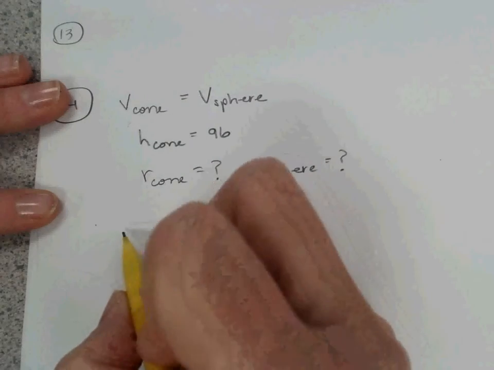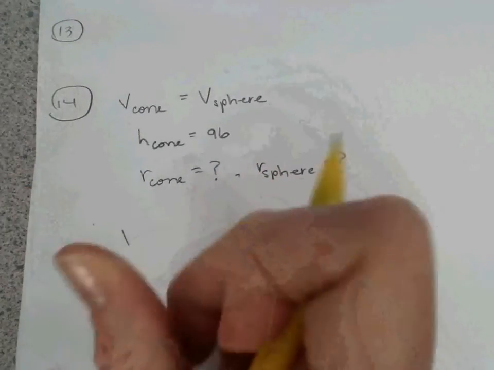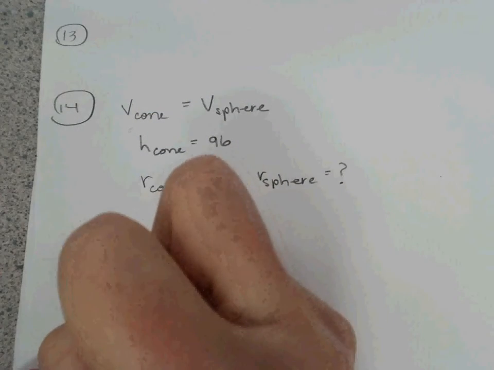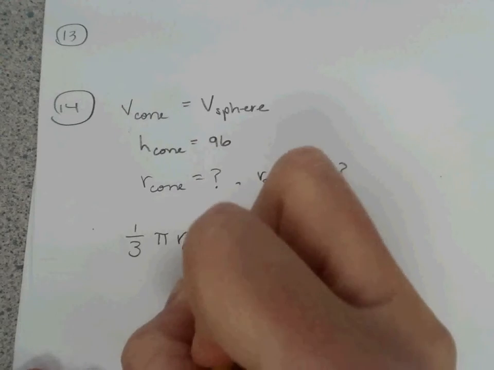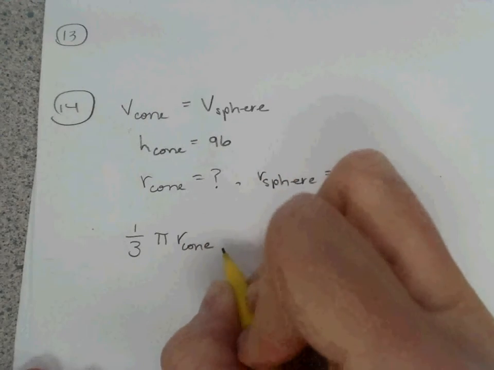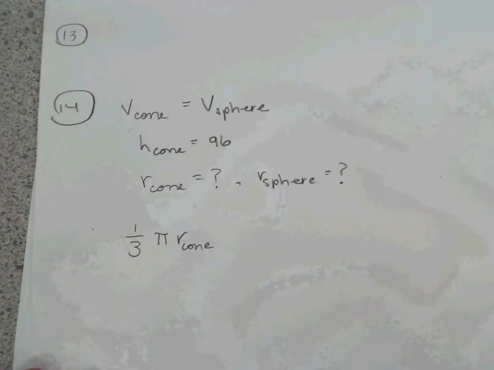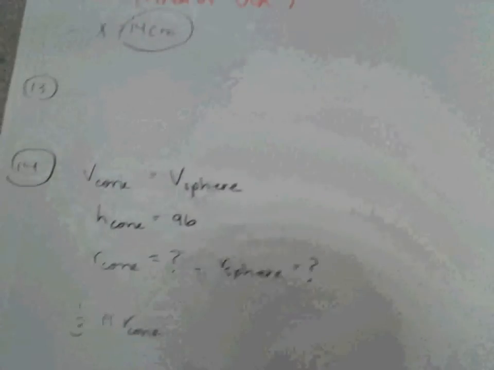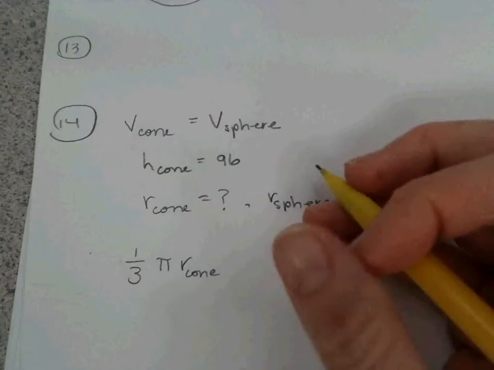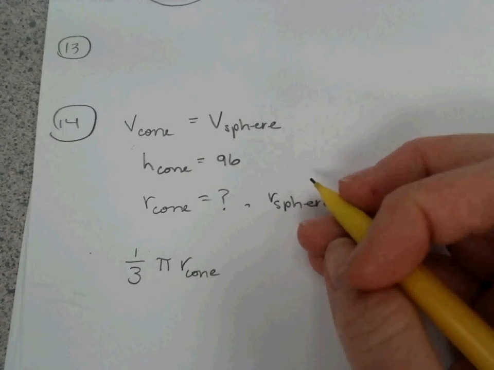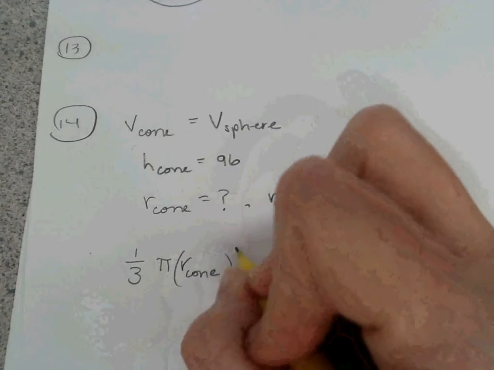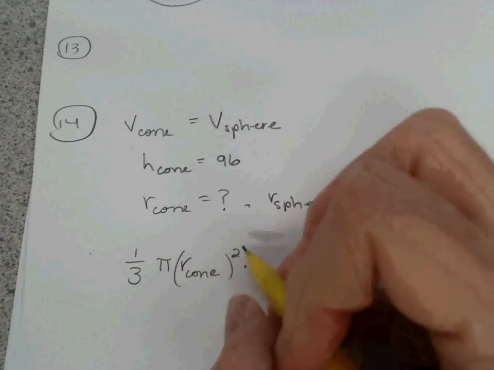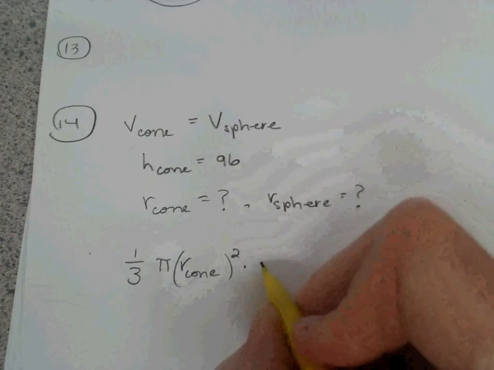So we have the volume of the cone is 1/3 pi times the radius. I'm going to continue to denote cone since that's going to be different. It doesn't state that their radii are the same. The radius of the cone squared times the height, which I know is 96.